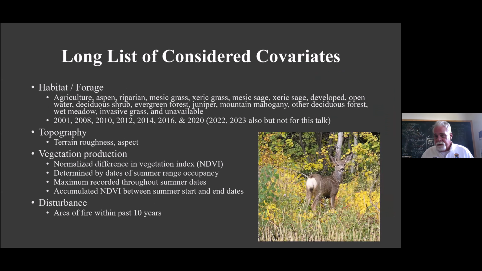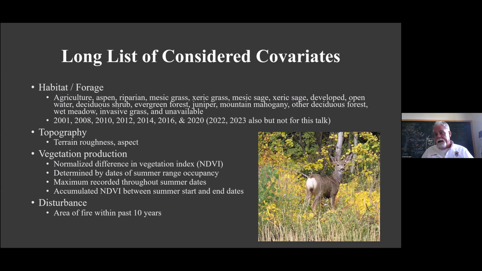We've got a long list of covariates that go into these models, all of the forage habitat classes that are derived from EVT that we talked about across this time span. Topography: we don't use elevation, but we use terrain roughness and some aspect stuff. We also put in some inherent cues as far as annual variation.